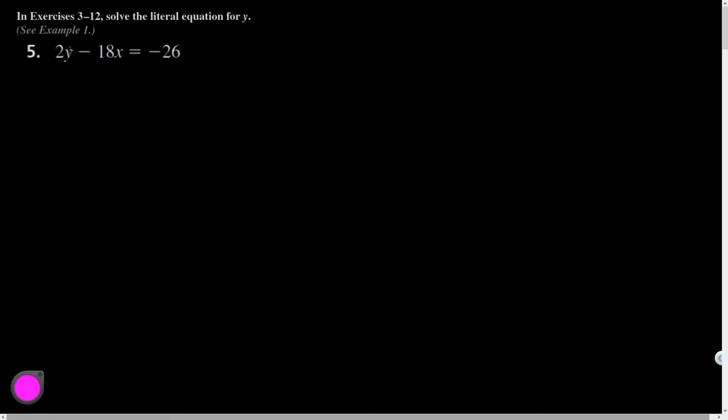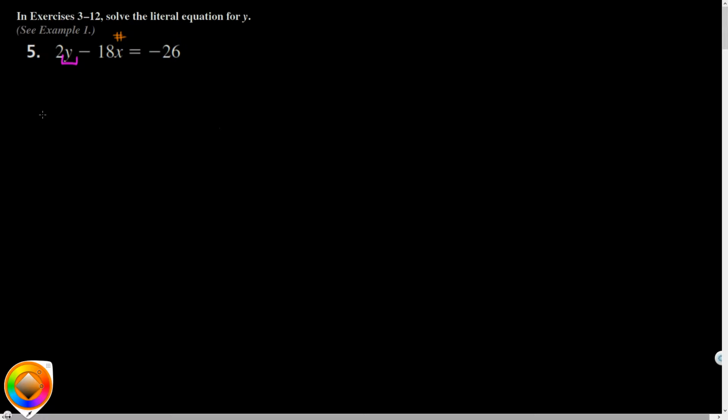So here it says solve the literal equation for y. I'm going to pretend that x is just a number, like negative 18 times 2 or something. It's problem 5 on the homework at the end of the packet.